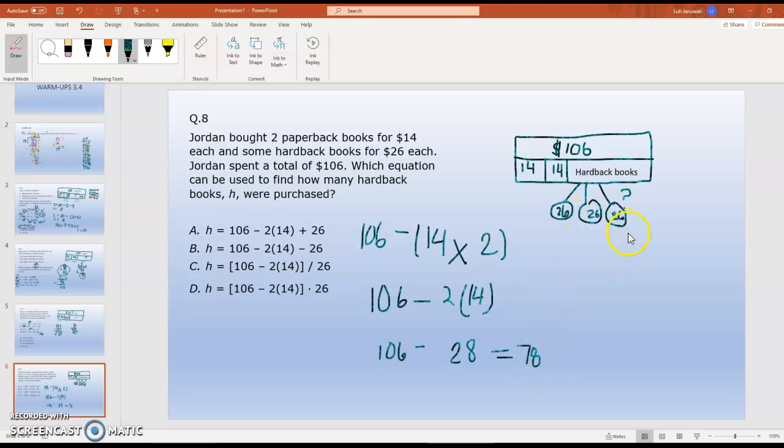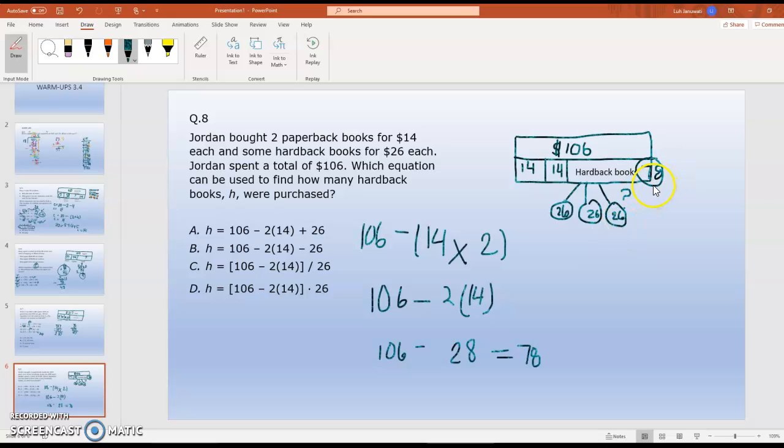And then he bought several books. So you say, okay, this is 78, right? But the question is how many books. It doesn't ask how much money he had left or how much he spent on the hardback books. It's just asking how many books did he buy.